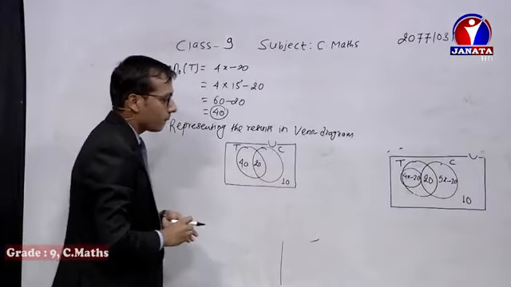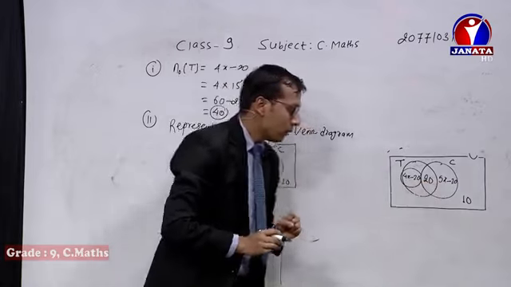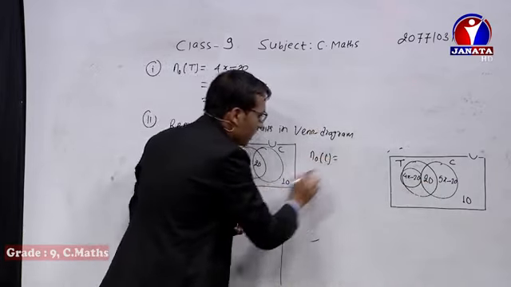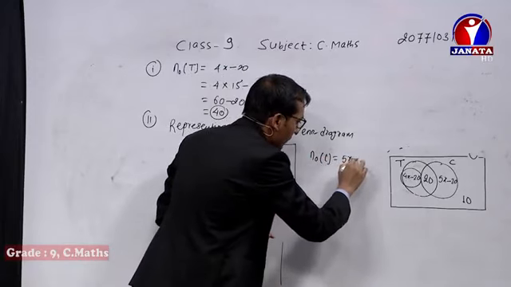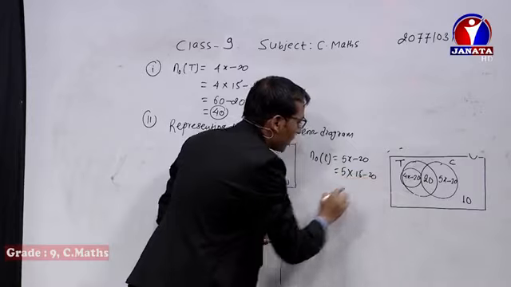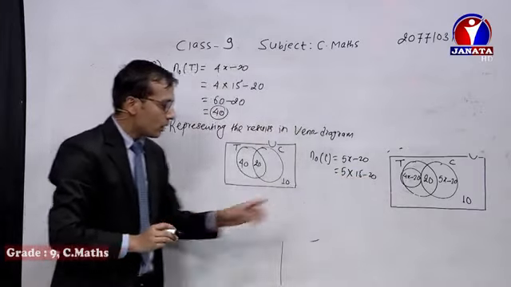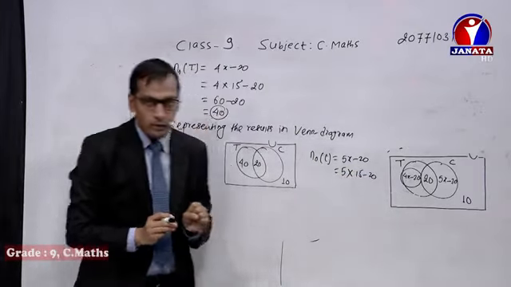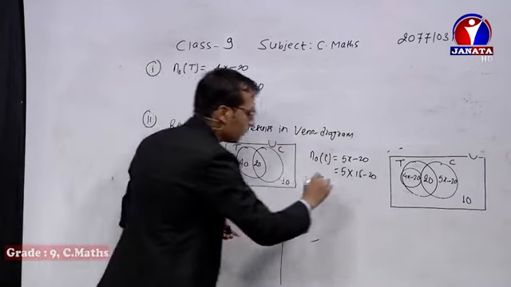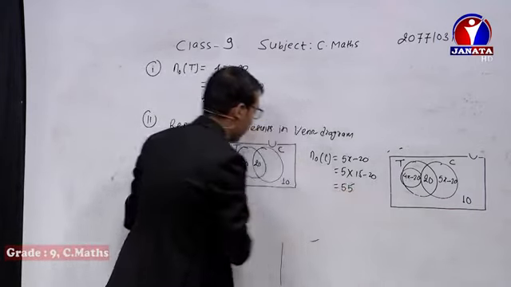Now what is n only c? n only c is 5 times x minus 20. So 5 times 15 minus 20. What is 5 times 15? 75 minus 20 is 55.